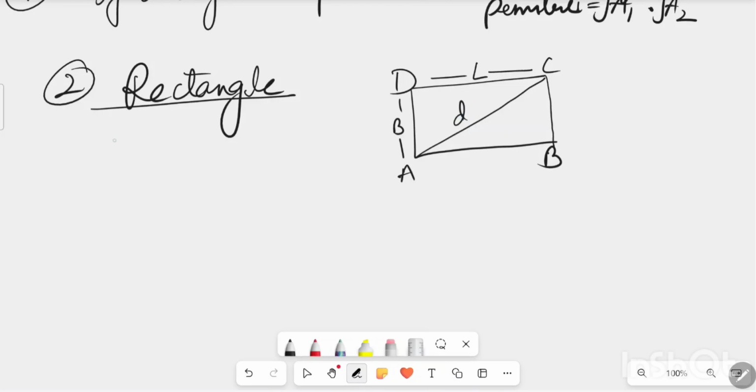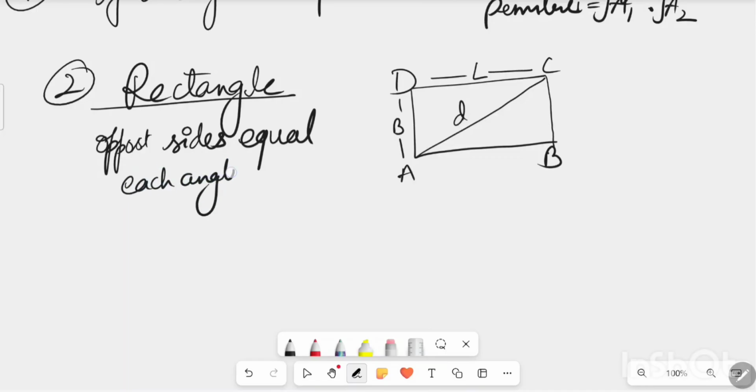In a rectangle, opposite sides are equal and each angle measures 90 degrees. So what will be its perimeter?